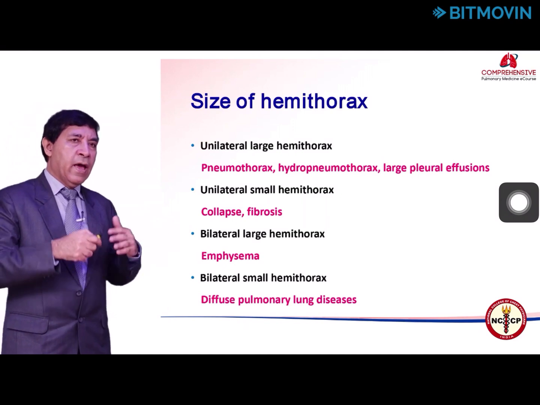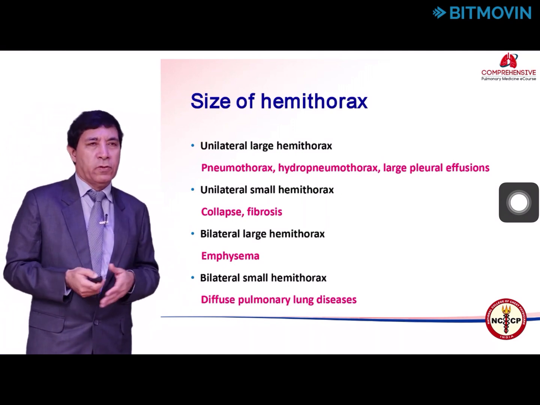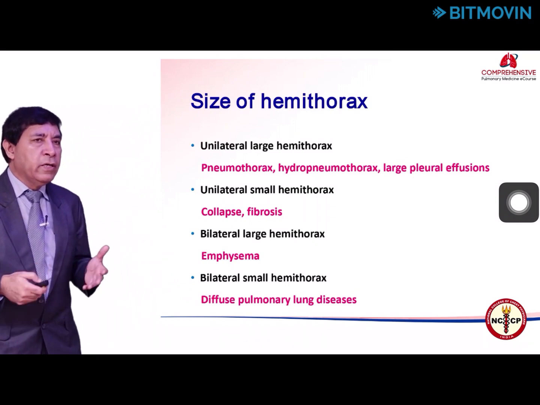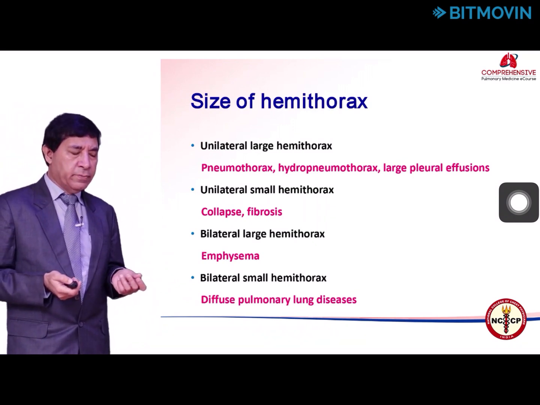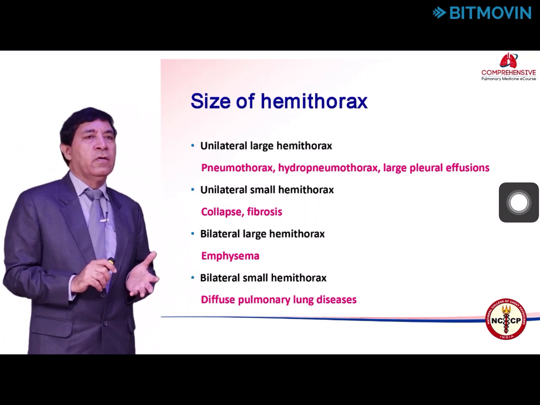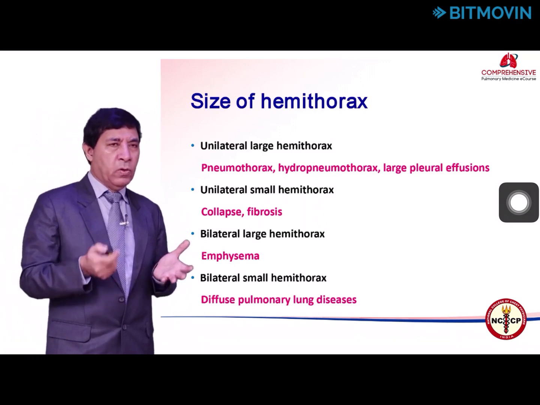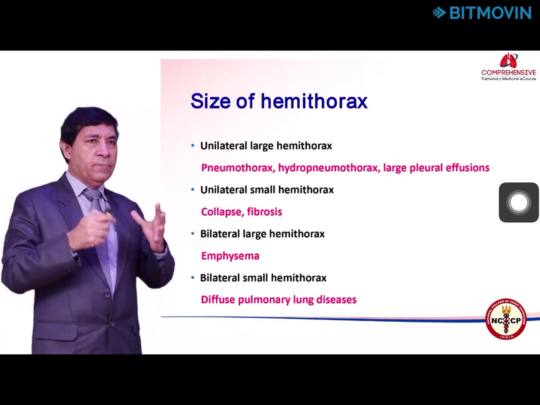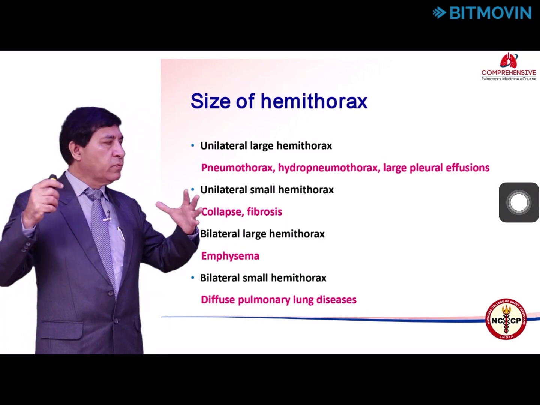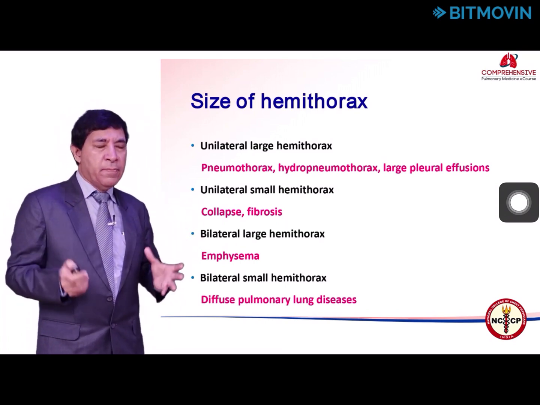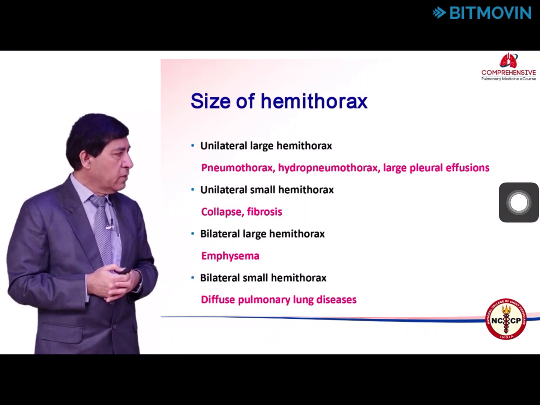Then you can have bilaterally large hemithoraces, as I mentioned to you, particularly in situations of emphysema, when the compliance of the lung increases with the same pleural pressure, the lung volume and the size becomes bigger, the chest wall moves out to its resting position, and you have bilateral large hemithoraces, what we also call barrel chest.